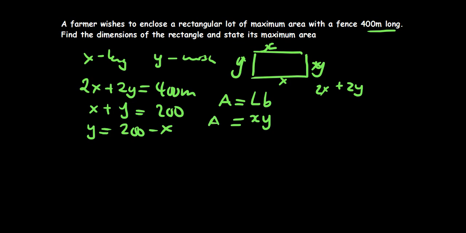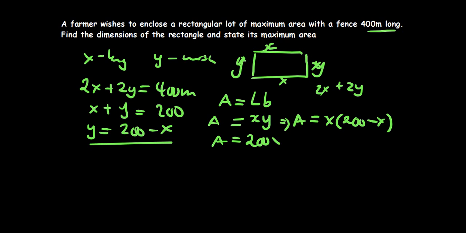Now we can replace this, so this implies that our area is going to be x times y, and we said y here is equal to 200 minus x, so that will be x times 200 minus x, like that. And there you just get 200x minus x squared.